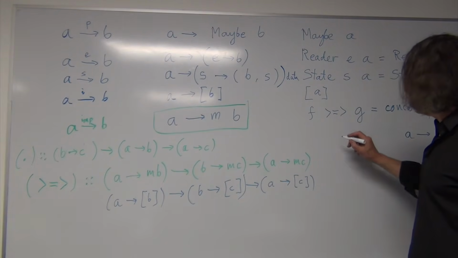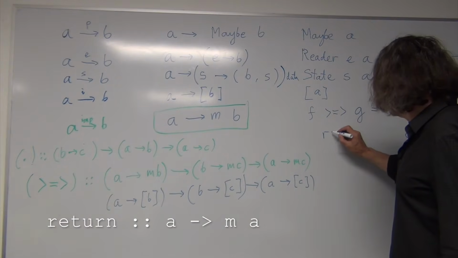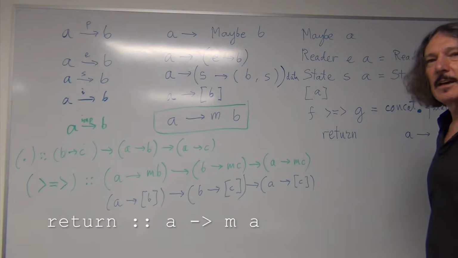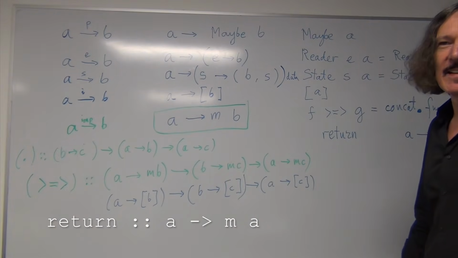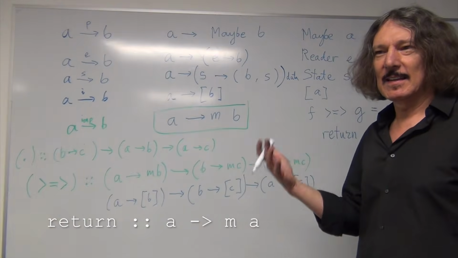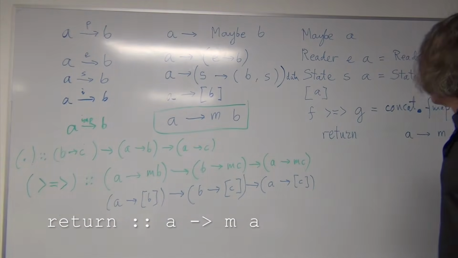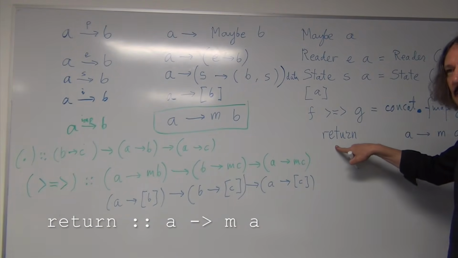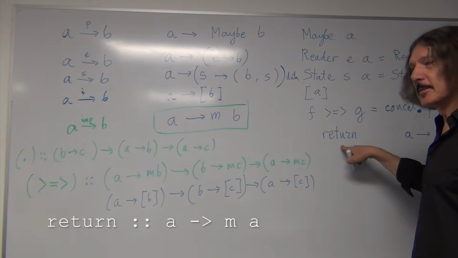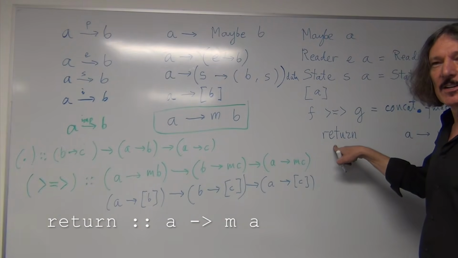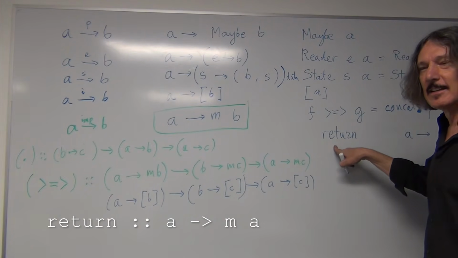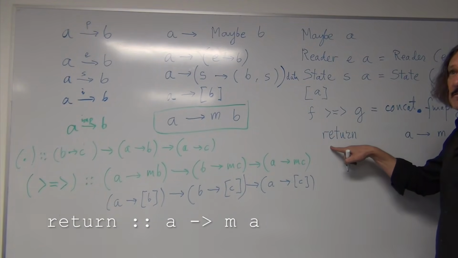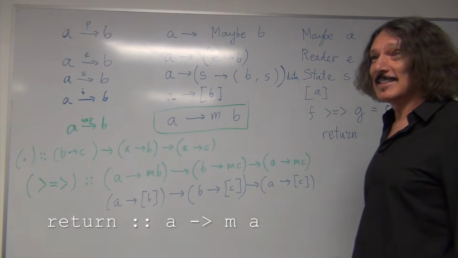And this unit is called, for some reason, return. Maybe to imitate imperative programming. That's also very confusing to a lot of new Haskellers, because I know what return is. It's used in Java, C++, C, but no, that's a different return.